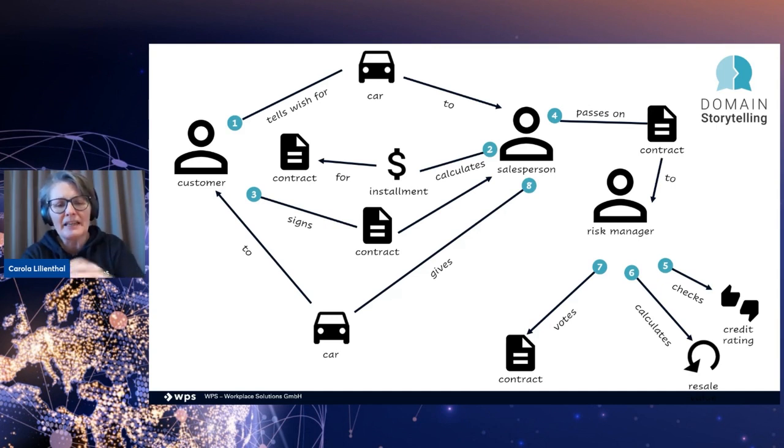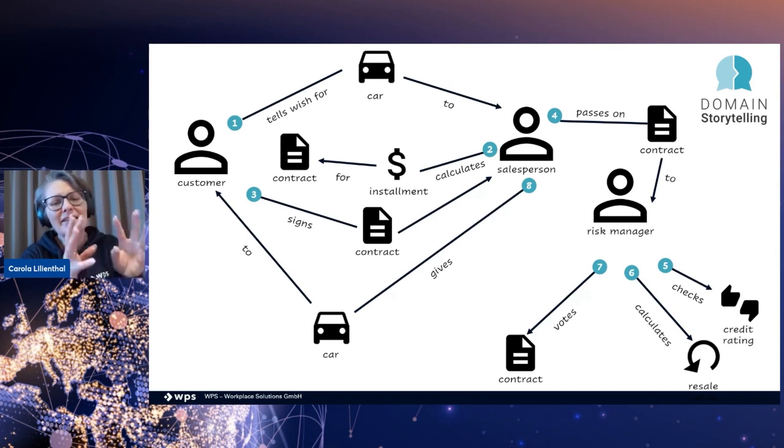For example, the individual steps are missing when the salesperson suggests different models of cars to the customer and offers discount and special rates in his sales pitch to convince the customer of his offer. But, well, it doesn't all fit on this slide, so we live with this simplification in the end.